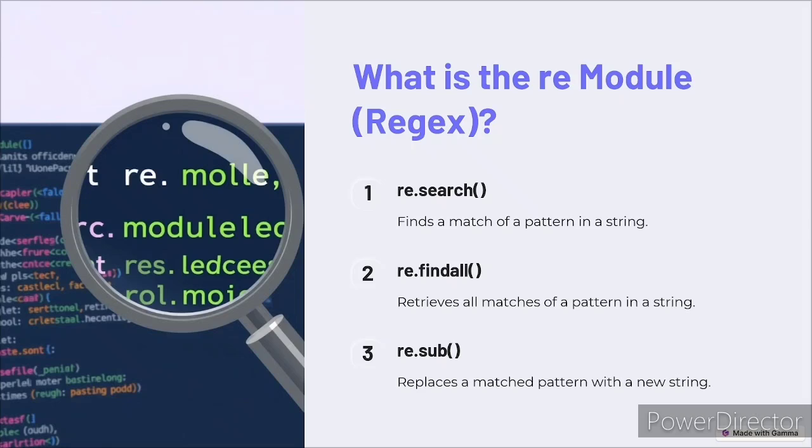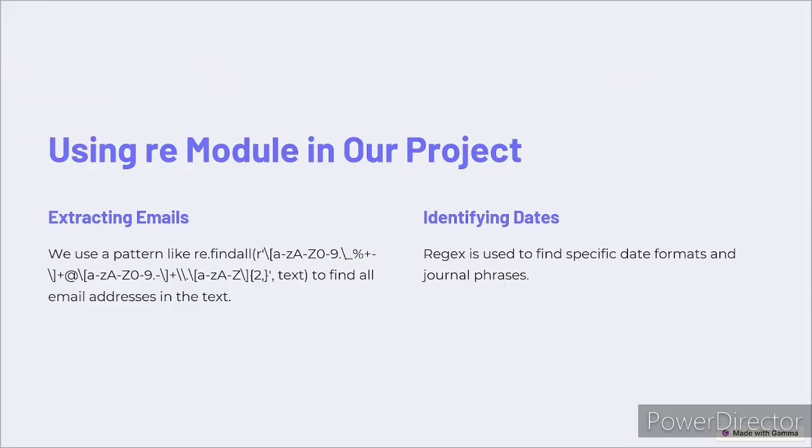Now the next function is re.sub. This function is used to replace a matched pattern with a new string. In our project, regex is used to extract specific patterns like email addresses and general names from the text. Now, in the next slide, we can see how the RE module is used in our project.